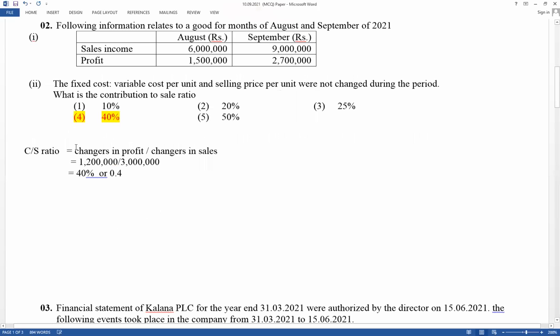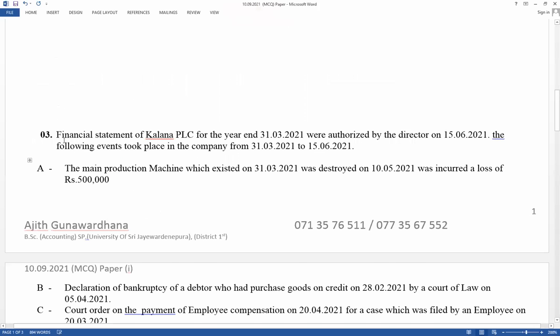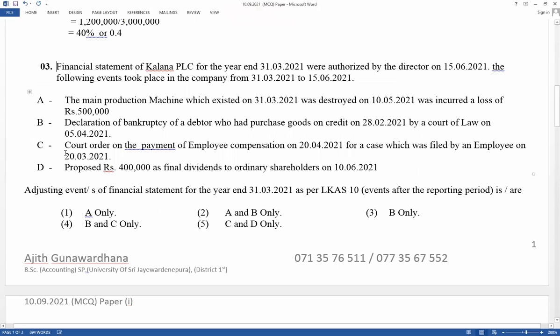Question number three is relevant to events after the reporting period. You have to know what are the adjusting events and what are the non-adjusting events. The financial statements of Kalana PLC for the year ended 31st March 2021 were authorized by the director on 15 June 2021. Therefore, this is the period you have to consider as after the reporting period, up to the date signed by the director.